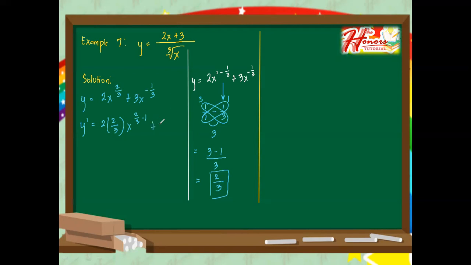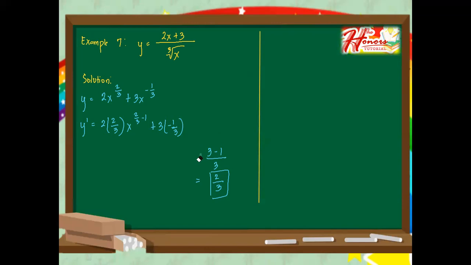Next, plus 3 times your exponent, that is negative 1/3. Let me just erase this part for us to have some space. So 3 times negative 1/3 x raised to negative 1/3 minus 1.